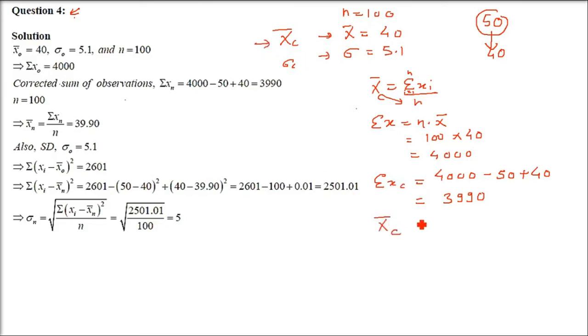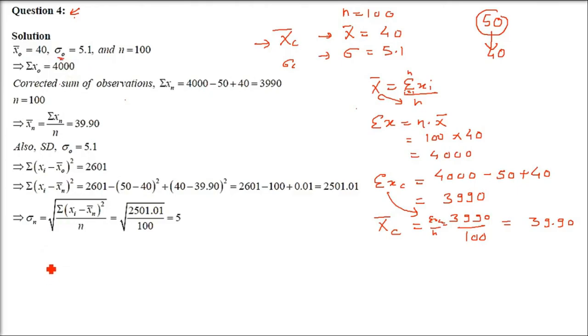X bar, the correct one, is going to be this 3990, sigma xc by n. So 3990 divided by 100. So 39.9 is your correct mean. Corrected mean.